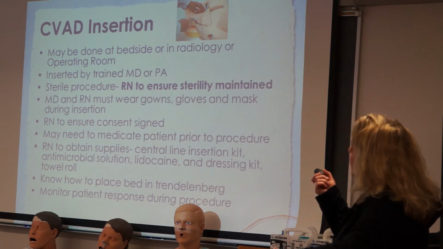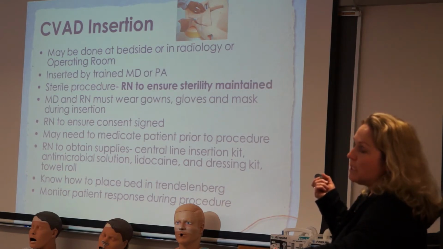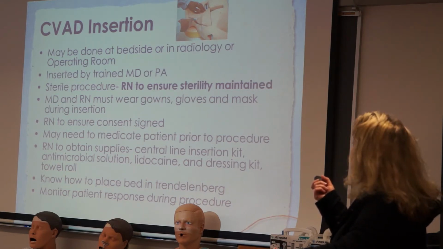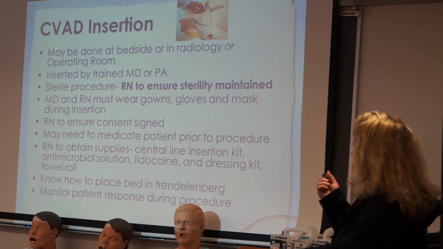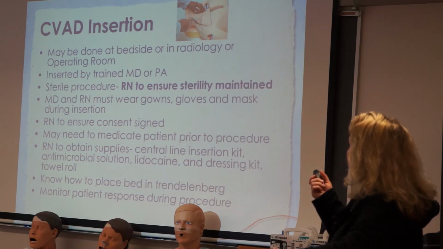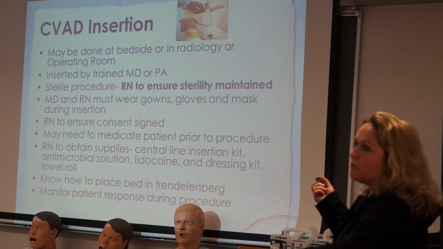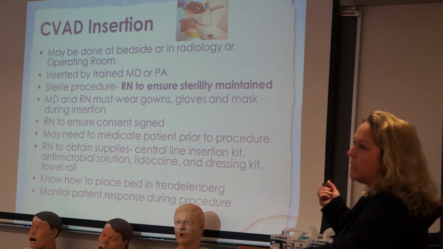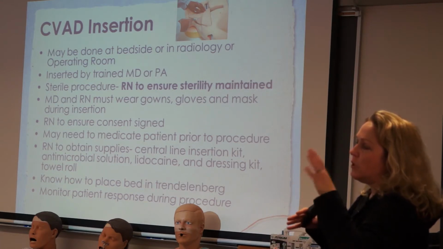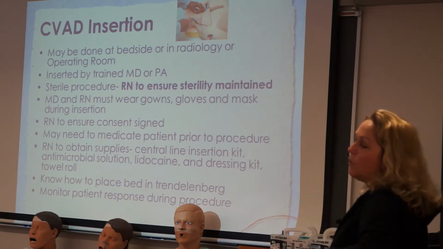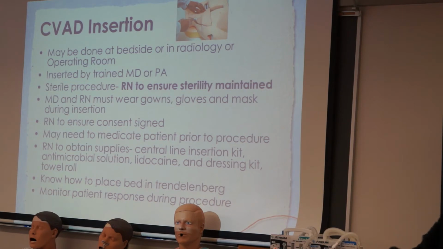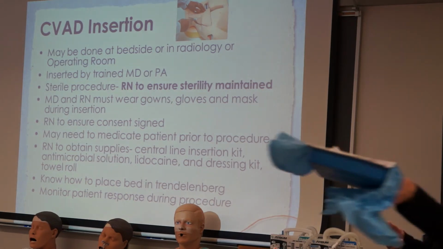It's 1% lidocaine that is used, typically. And if you're going to do a dressing change kit, you don't need lidocaine for a dressing change. But in the insertion kits, there's lidocaine, there's needles, there's syringes. There should be everything you need, and you can read on the outside of the kit what is available. And I think they've got one here. I'll pass this around so you guys can take a look at this.